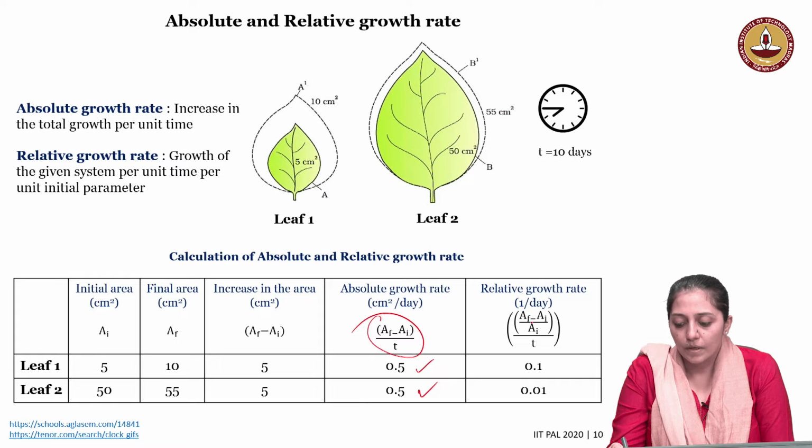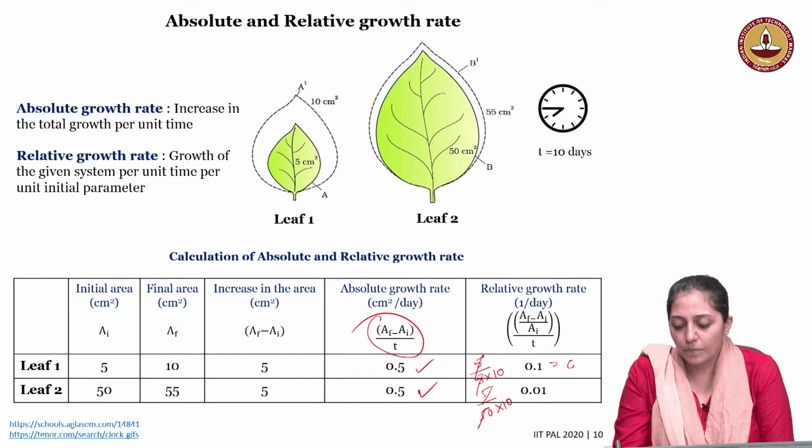So, in both the cases, the difference in the final and the initial area is 5, while in one case the initial area is 5 and in the other case the initial area is 50. So, 5 by 5 divided by 10 days, and in the second case it will be 5 by 50 divided by 10, which is the time.